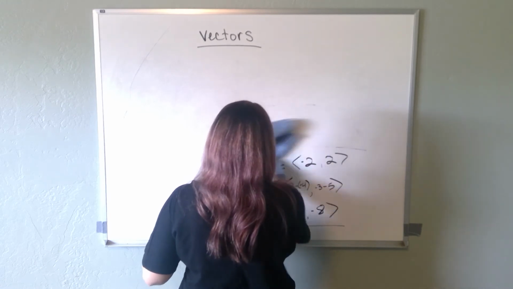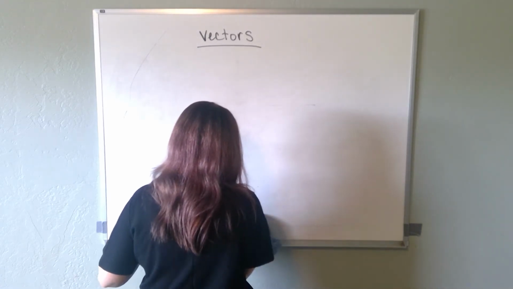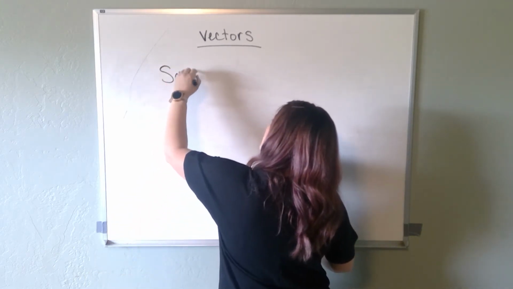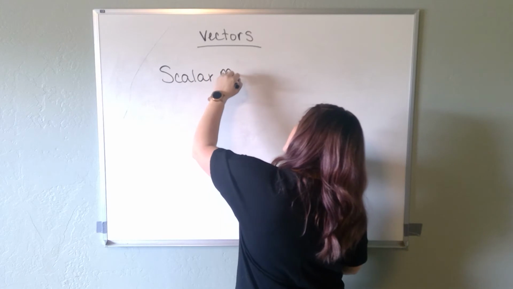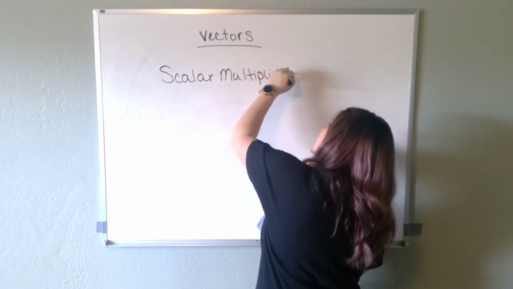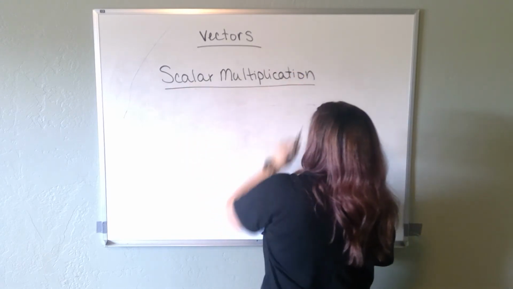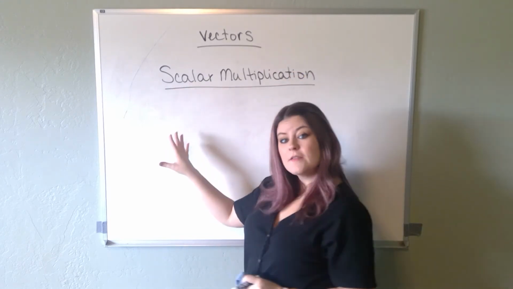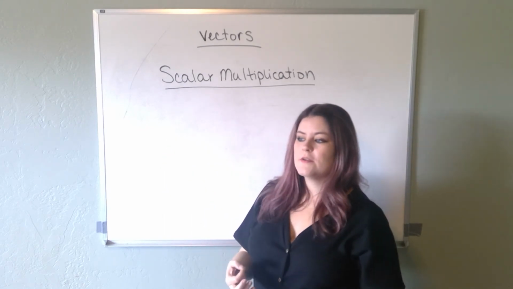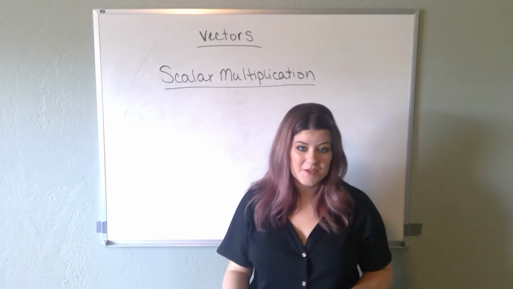So let's talk about what we call scalar multiplication. Adding and subtracting was very straightforward, and this is actually pretty straightforward too. The word scalar might be new to you. The word scalar is just another word for a normal number.